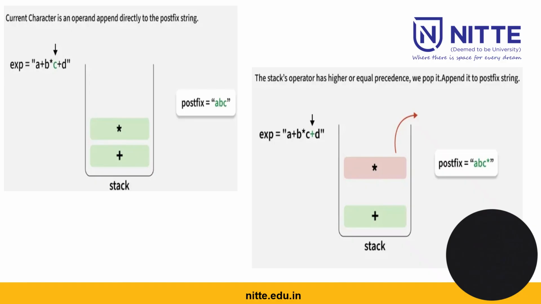Okay. Now we see there are two operators in the stack. So what do we have to do? We have to pop one operator, which is at the top or has the highest precedence. That means the stack operator star has higher precedence compared with plus.